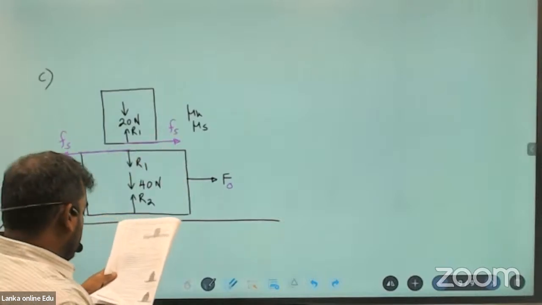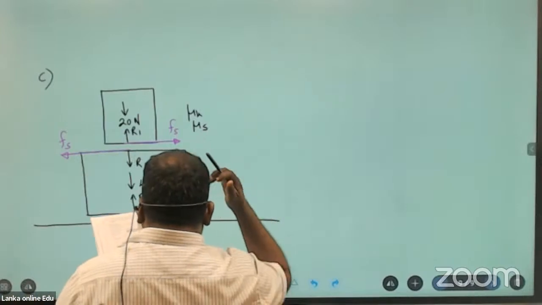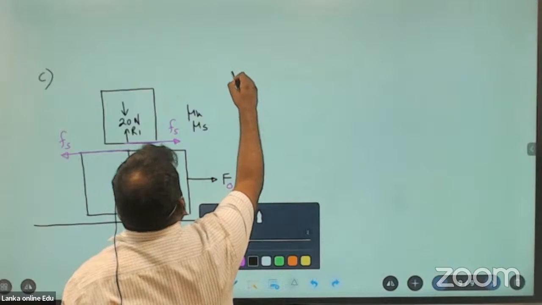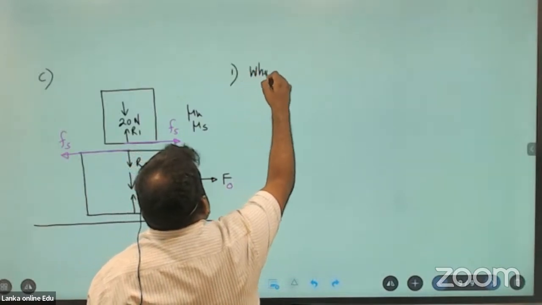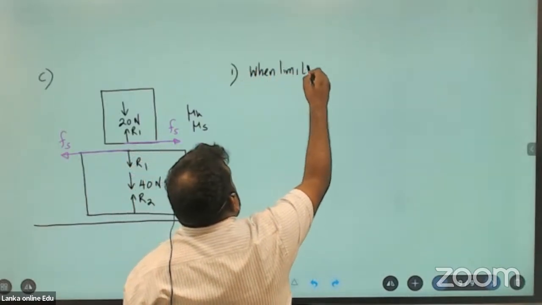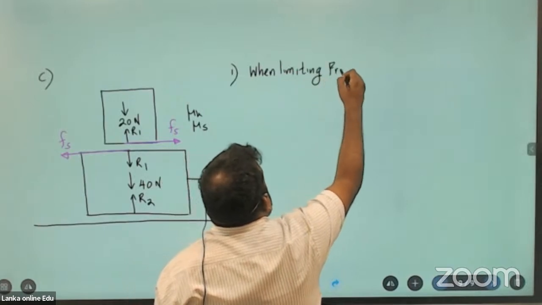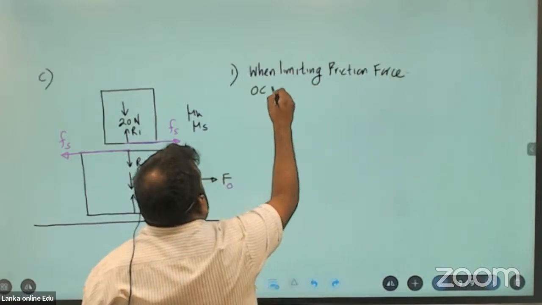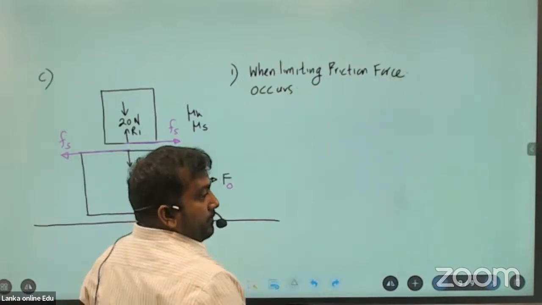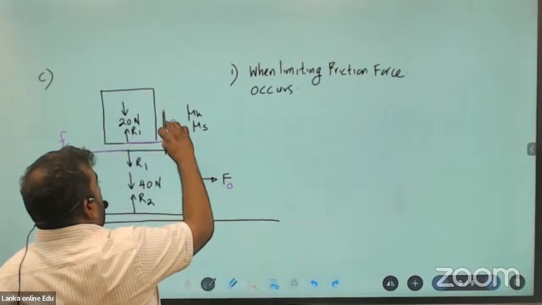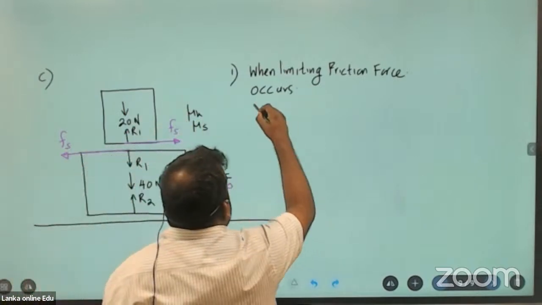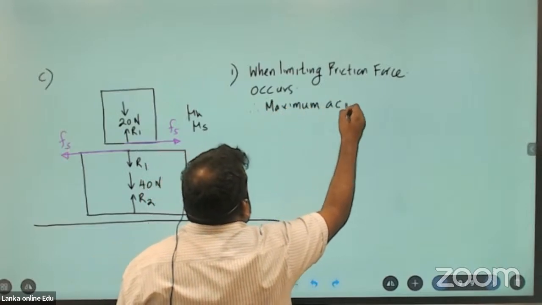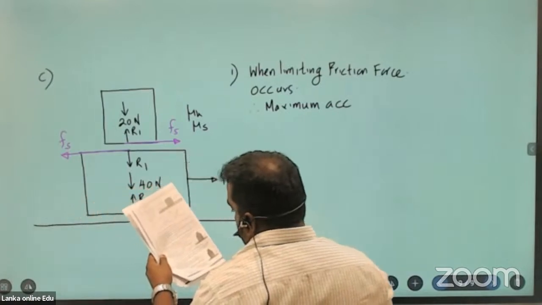This is part A. When limiting friction force occurs, maximum force here means maximum acceleration. Therefore, maximum acceleration will occur.